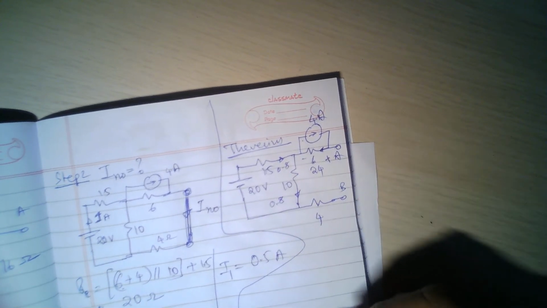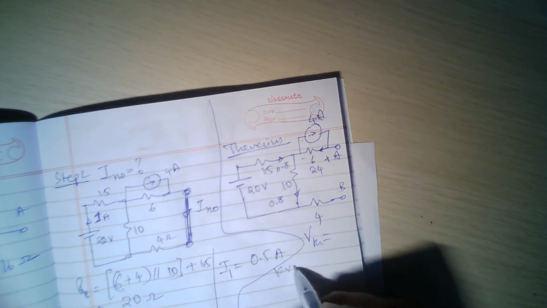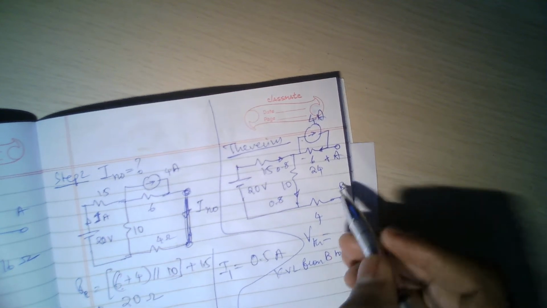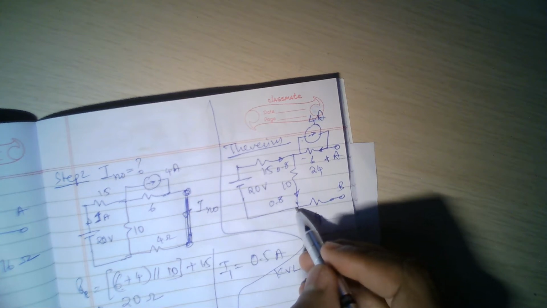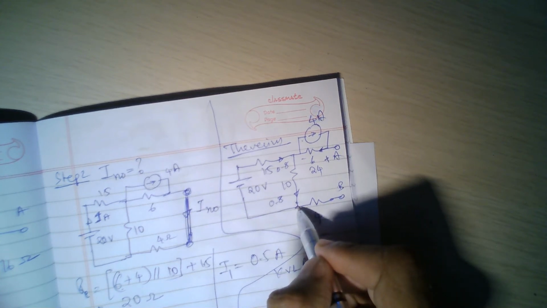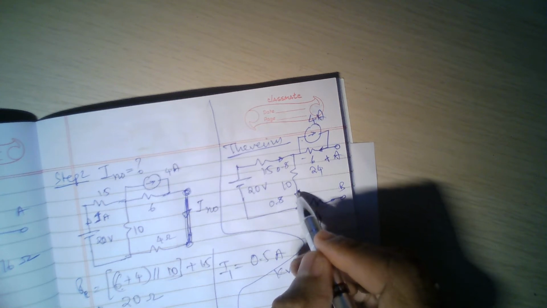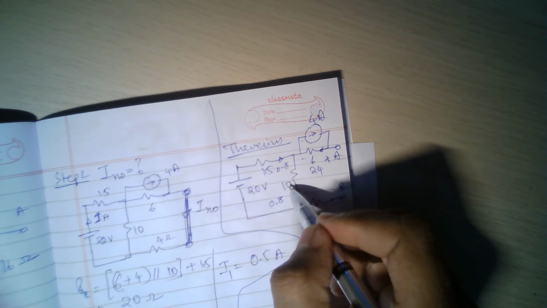So now apply Kirchhoff's voltage law. So VTH is equal to KVL from B to A. So start at B. There is no voltage drop here because there is no current. Now you come up to here. So now I can go directly up. Now I am going against the current. That means my potential will be increasing. And 0.8 into 10 is 8 volts.